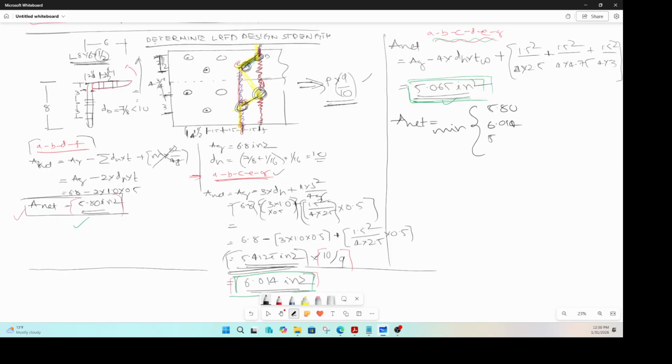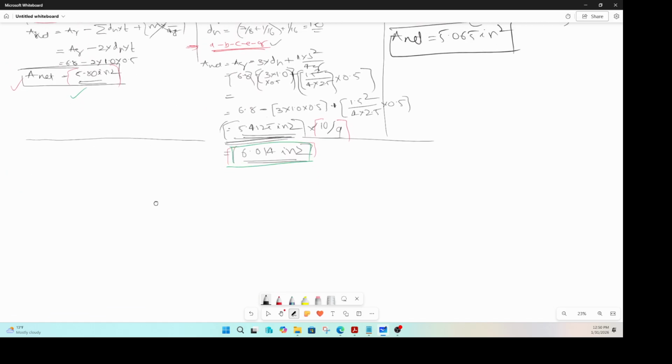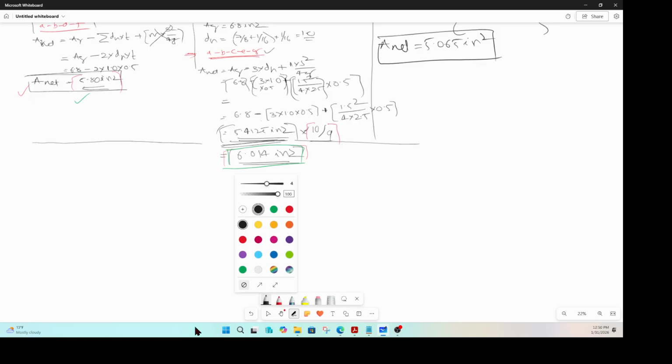The third one was 5.065. These are all inch squares. So that means A net is equal to 5.065 inch square. We're still not done. We still have to calculate our load carrying capacity.